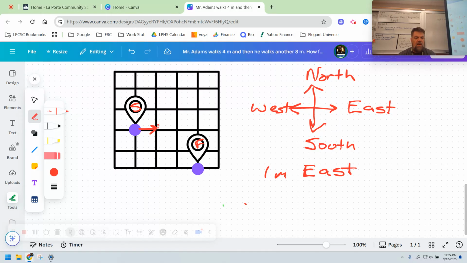Then from there, I'm going to go up 1, 2, 3 meters north. So that's 3 meters north.